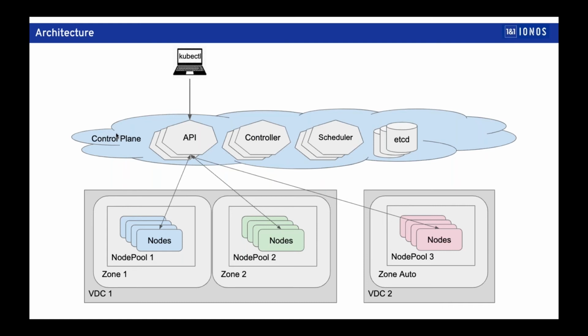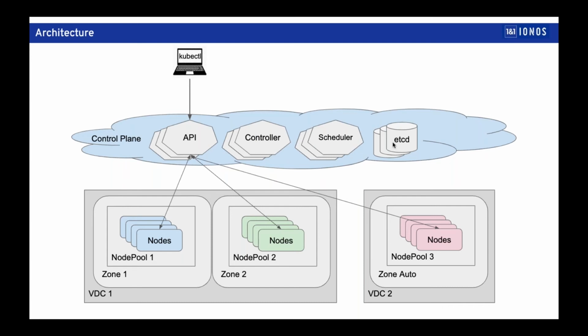The components which are usually running inside the master nodes, such as the Kubernetes API or the Kubernetes controller, the scheduler, and the storage part, the etcd, they're each running as containers inside an IONOS managed Kubernetes cluster. This cluster itself is set up to be highly available, and it is even geo-redundant in that the Kubernetes cluster spans our 3 German data centers. So it is spanned across the Frankfurt, Karlsruhe, and Berlin data center.